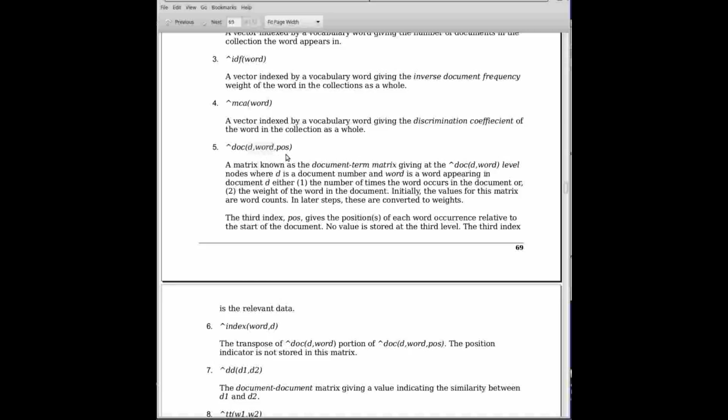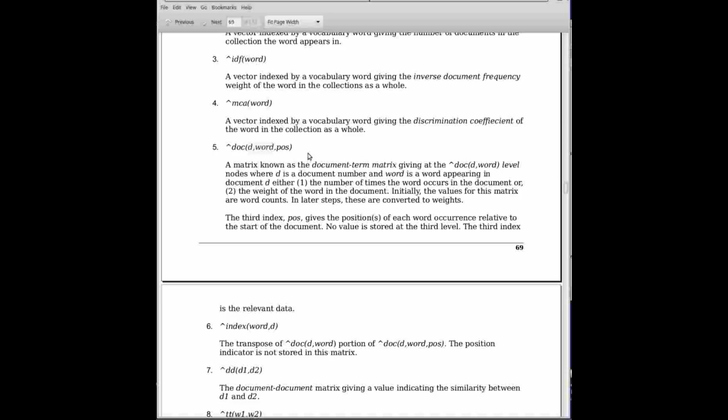The third item here is the position of the word in the document. For each instance of a word in the document, we'll have a position of where the word occurred in the document. And that is relative to 0. It'll be a count. So we use that in order to determine word similarities or word relationships. If two words occur close together and in the same order frequently, that probably indicates that they are related in some fashion.